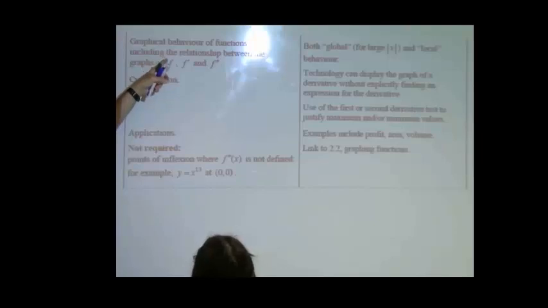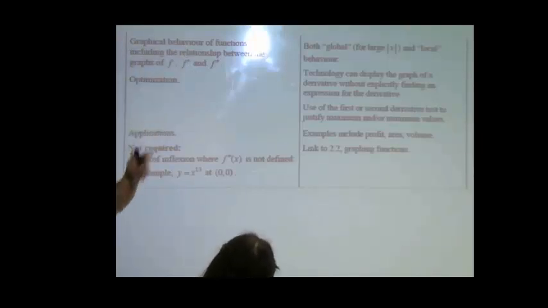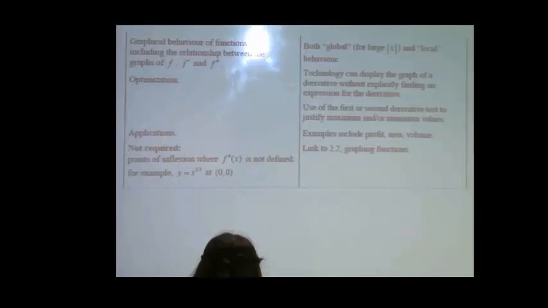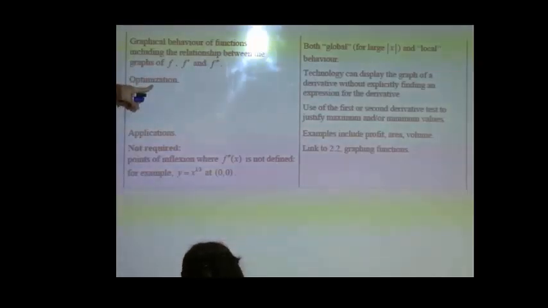Now it says the graphical behavior, and actually one of the problems we're going to do is just this kind of problem, okay? But in your notes here, now optimization, let me jump here before I go back. What do they mean by optimization?